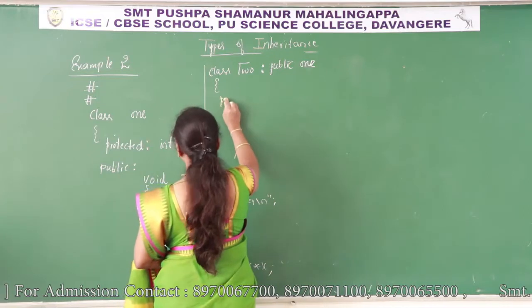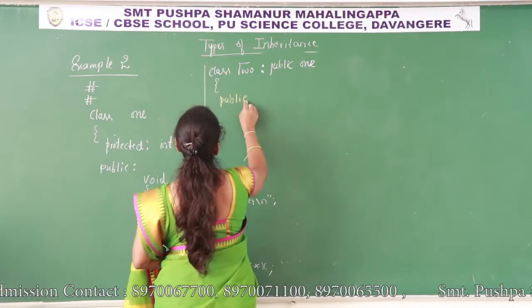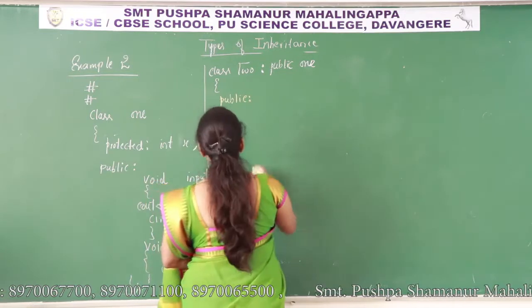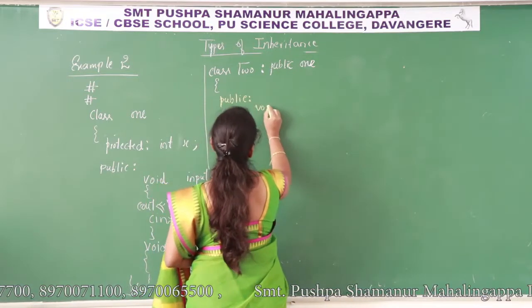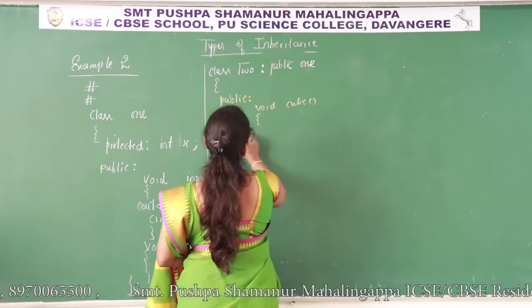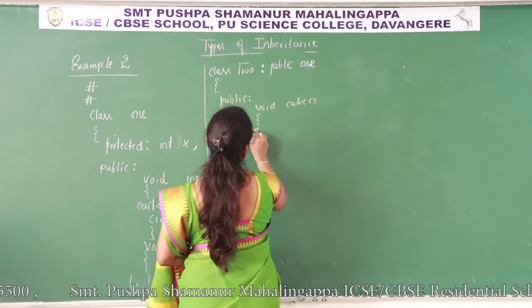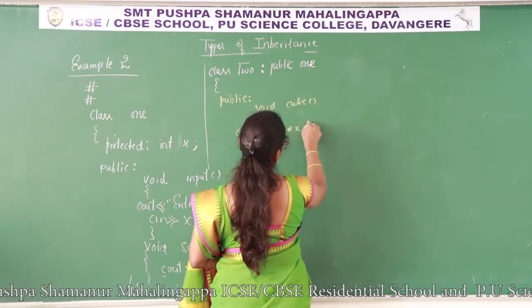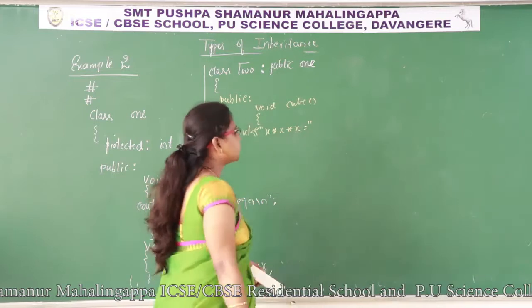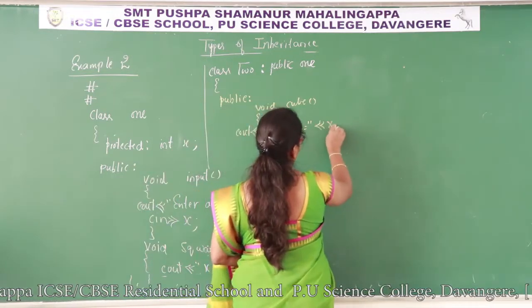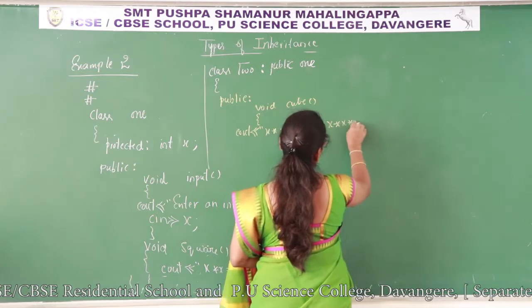In the public section, I'll calculate cube, void cube, cout x star x is equal to, I have written within double quotes so that it displays as it is on the screen, insertion x star x.